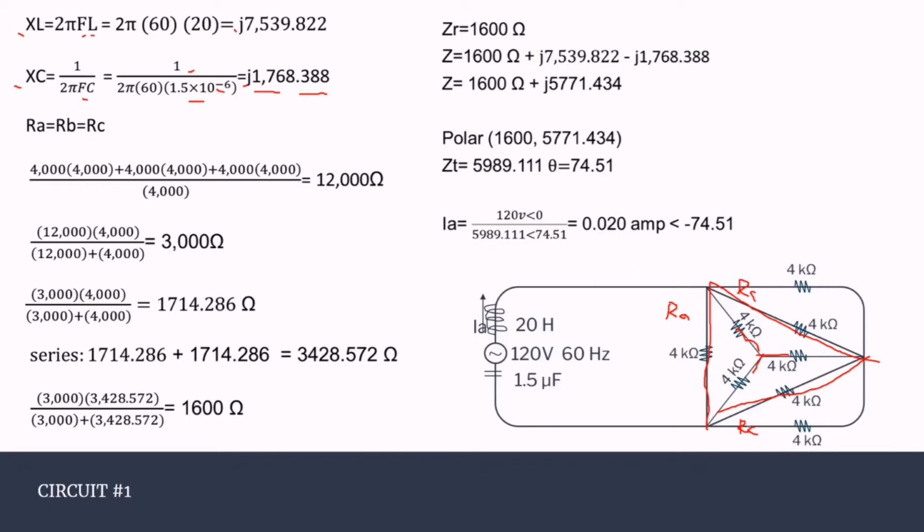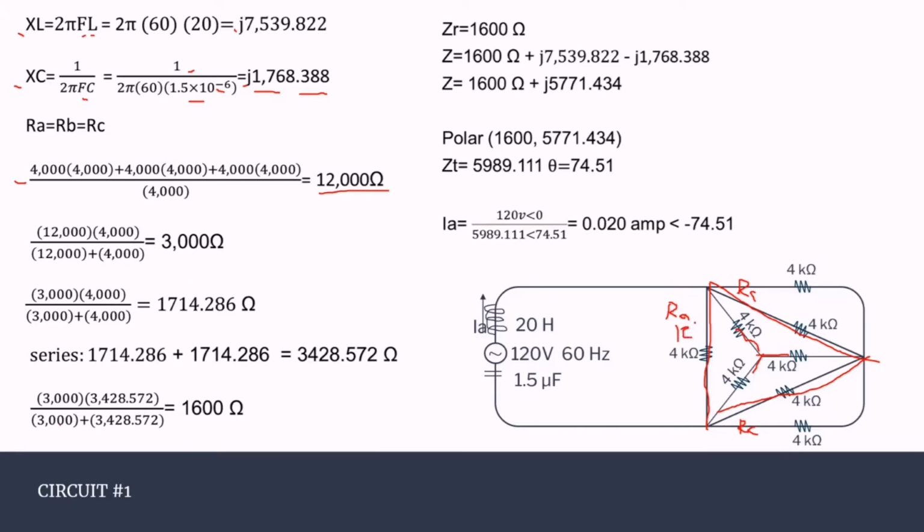But since they're all 4K ohms, the formula will be like this. So 4K times 4K plus 4K times 4K plus 4K times 4K over 4K is equal to 12K ohms. 12K ohms will be the value of all of our sides.